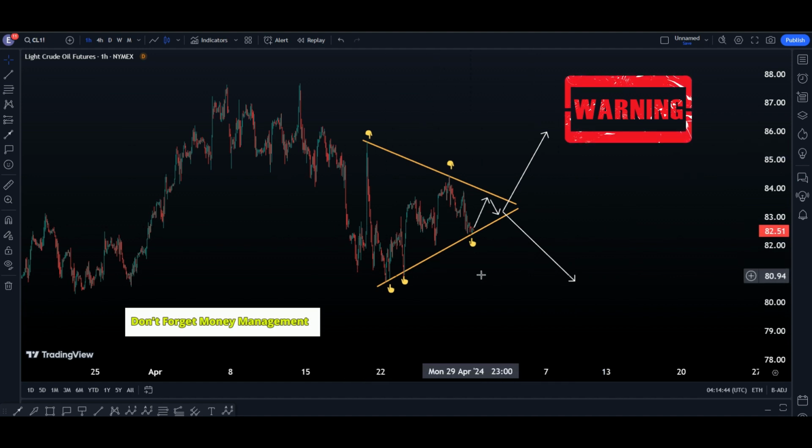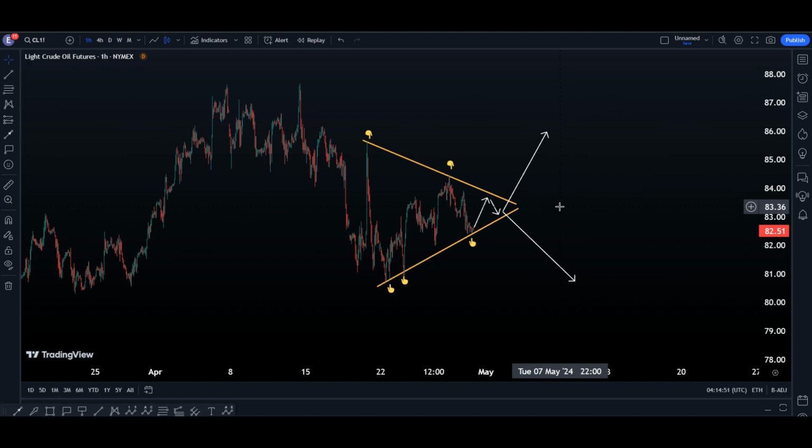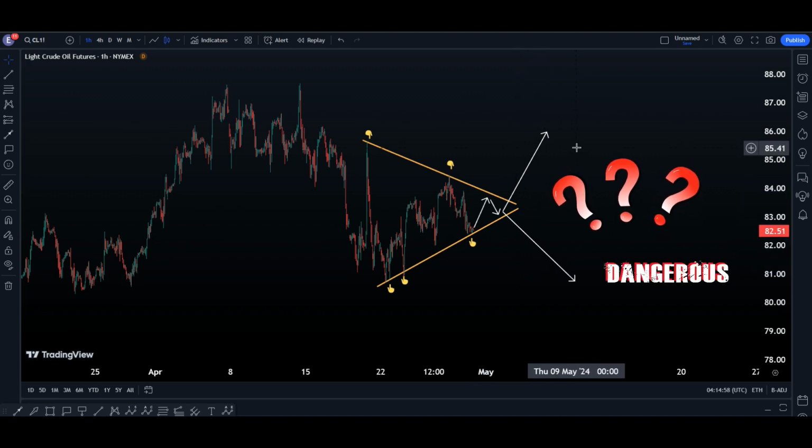So be careful here, don't forget money management. We can't say 100% this triangle break from down or up.